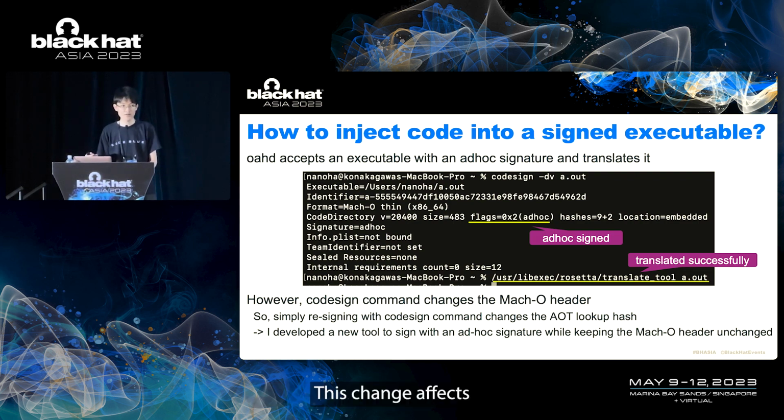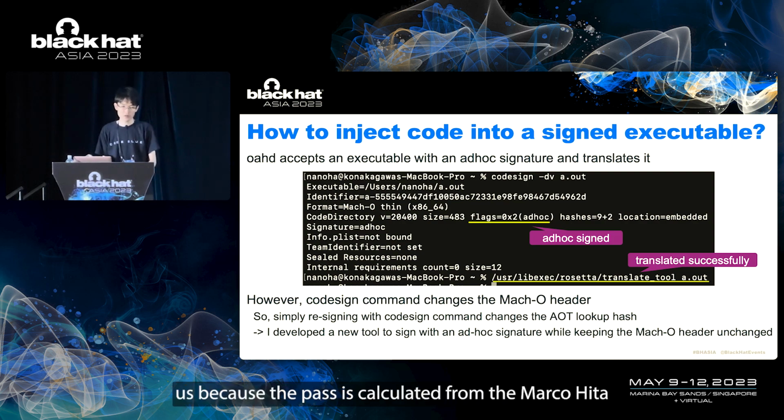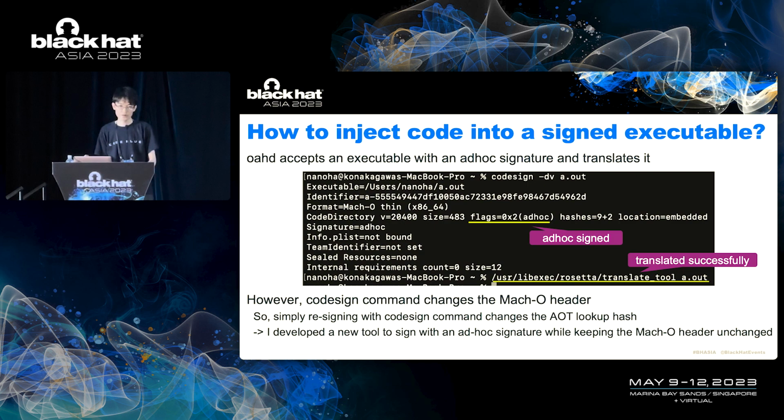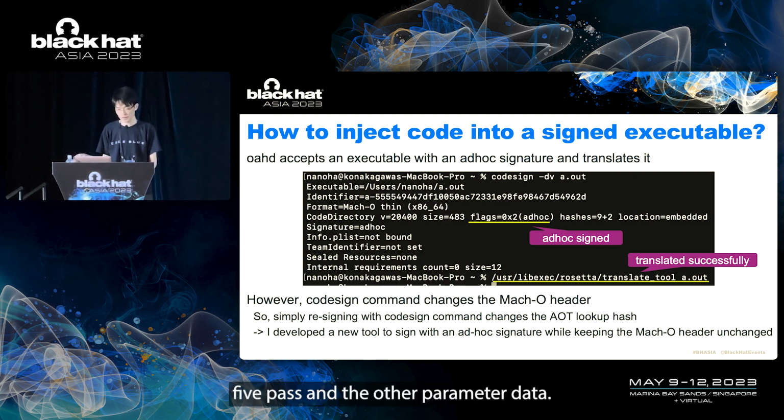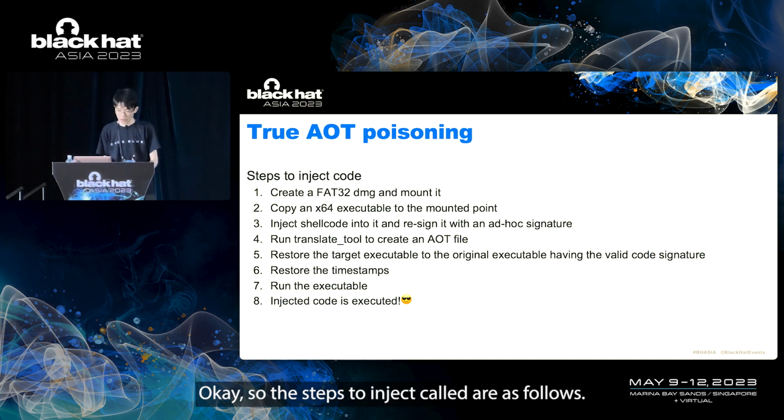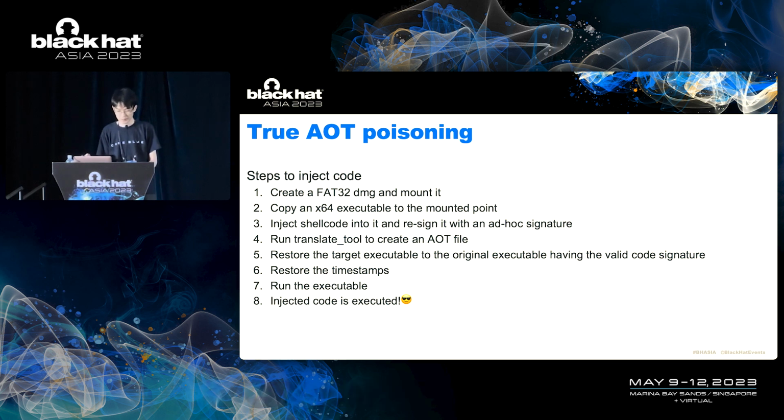This change affects the AOT lookup hash, because the AOT lookup hash is calculated from the Mach-O header, file path, and other file metadata. So we need to perform ad hoc signing while keeping the Mach-O header unchanged. To address this issue, I developed a new tool to perform ad hoc signing while keeping the Mach-O header unchanged.